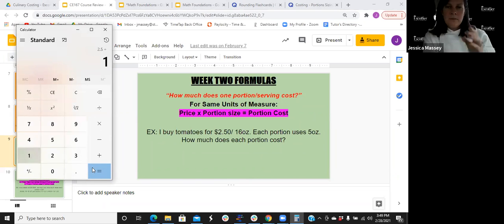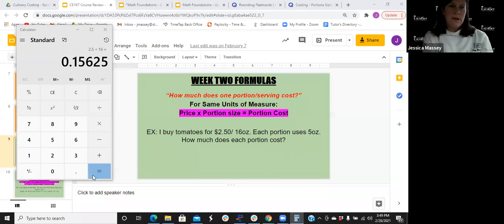Whatever is in your calculator, keep in your calculator. If you round early, it could go wrong. You could get a different answer. So your first step there, we got 0.15625 as our price per ounce.